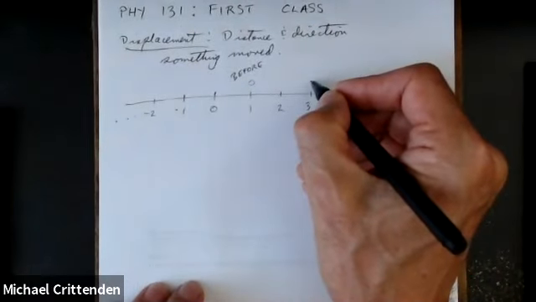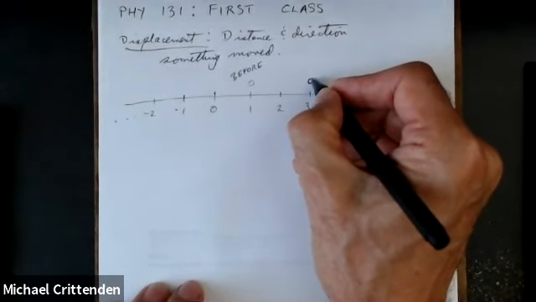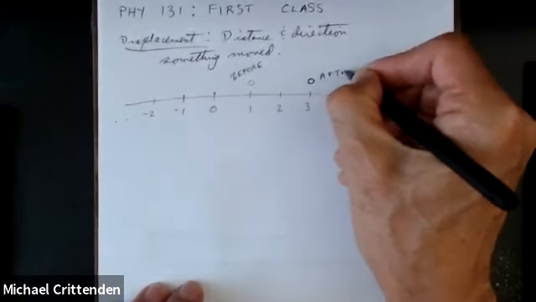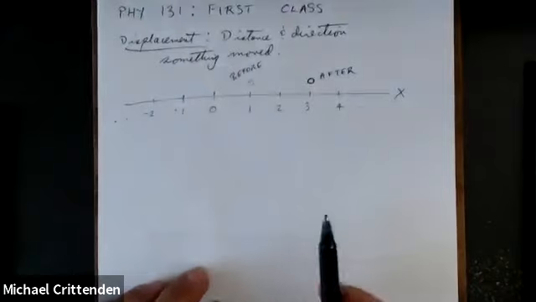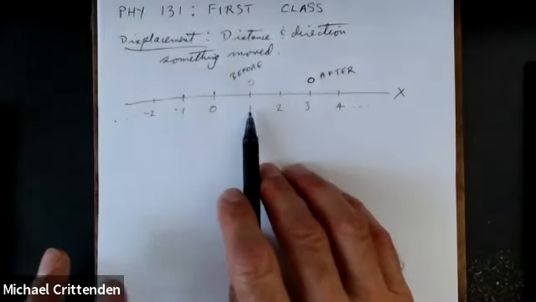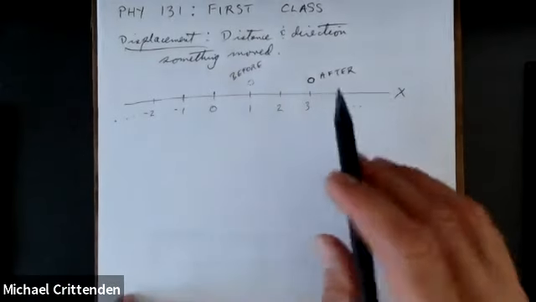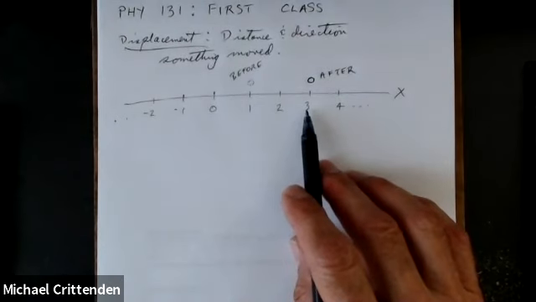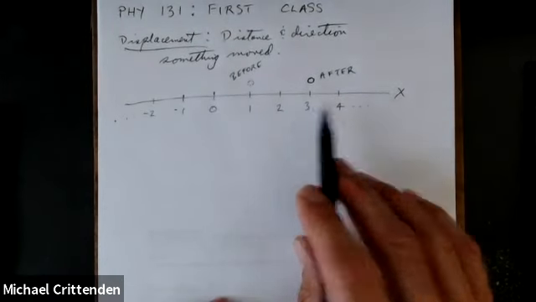And a little while later, so when you first look out the window, you notice that the car is right next to milepost 1. And a little while later, you look out the window again, and you notice that the car is right next to milepost 3.